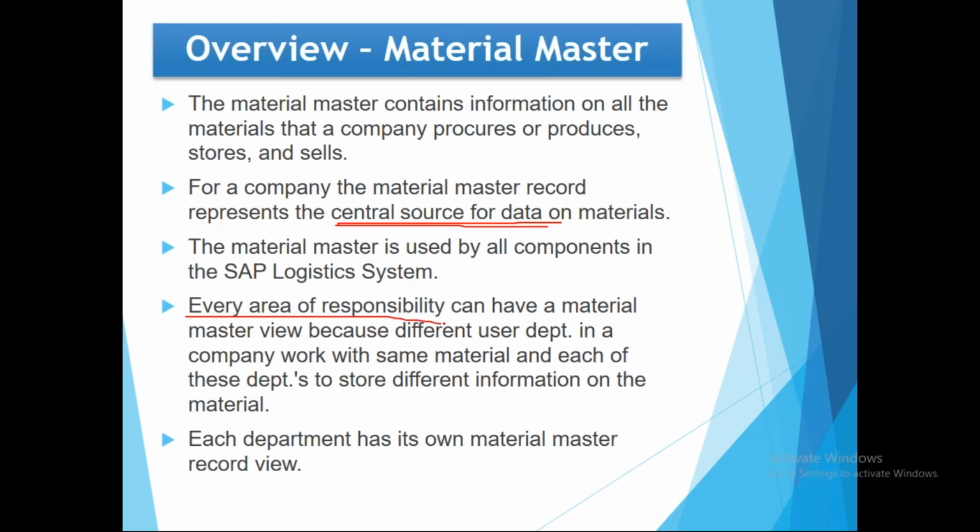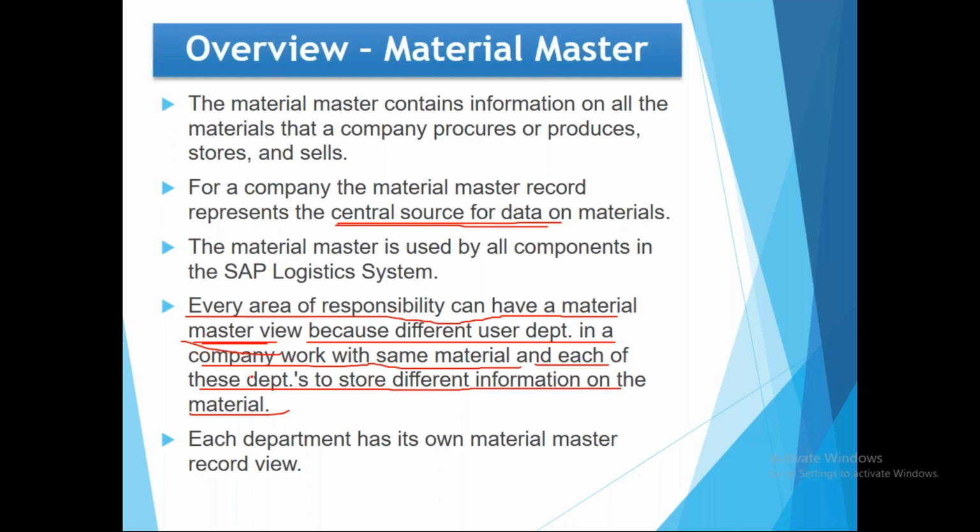Now, every area of responsibility can have a material master view, because different user departments in a company work with the same material, and each of these departments stores different information on the material. So basically, every department within the company will be using this material master, and they will store their respective information in the material master in their view.